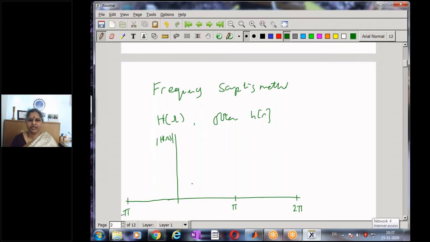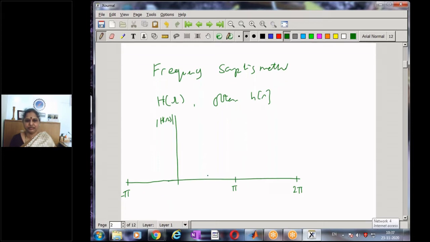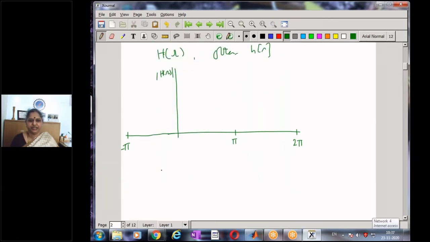Given this frequency response, we need to take N equally spaced samples from it, and immediately what we get is H(k).